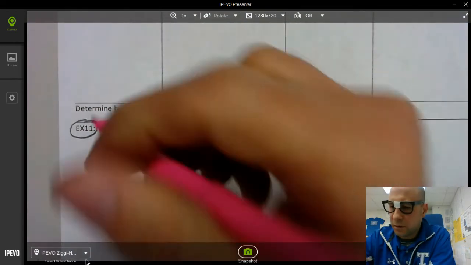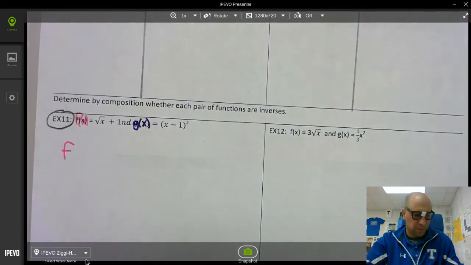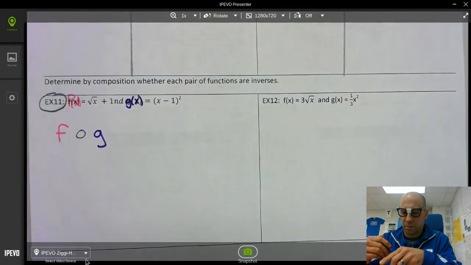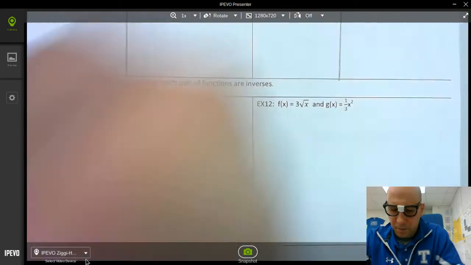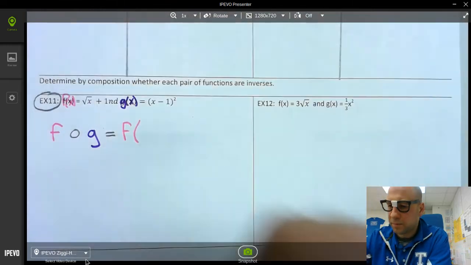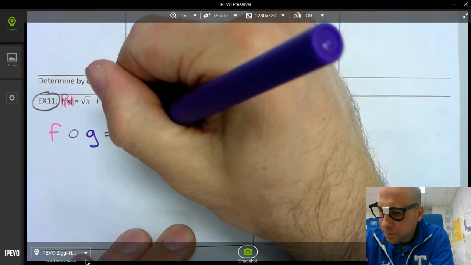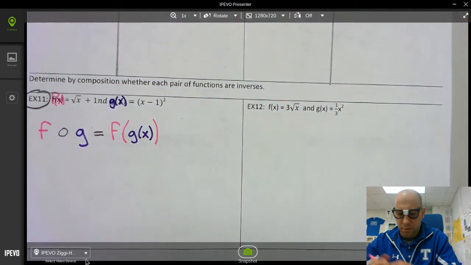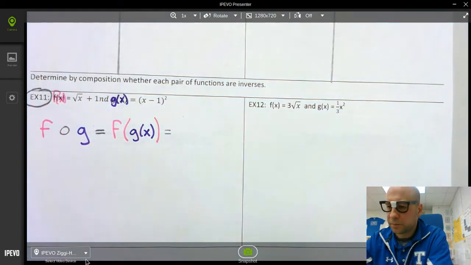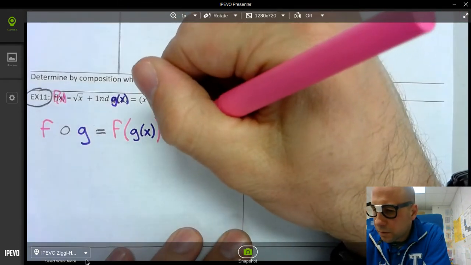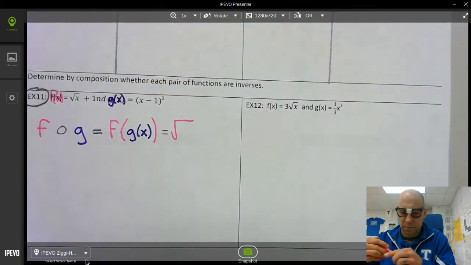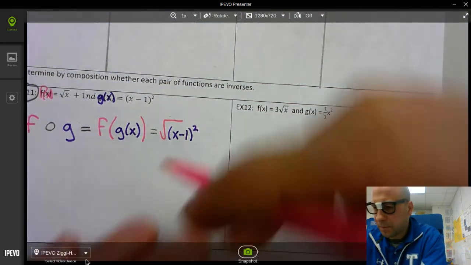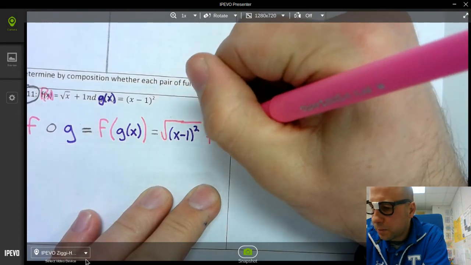So I'm going to do f of g, which equals f of g of x, which equals the square root of x minus 1, squared, plus 1.